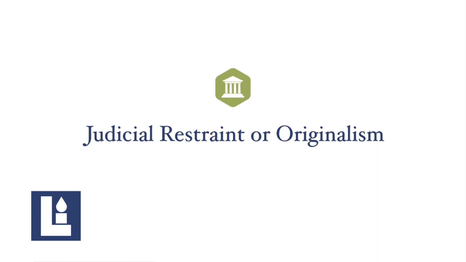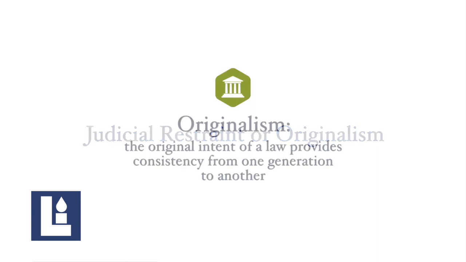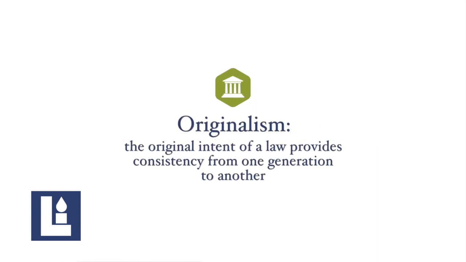This is why conservatives today promote the concept of, you might have heard of these, judicial restraint or originalism. Originalism is the idea that the original meaning or intent of a law provides consistency from one generation to the next. Like a contract, the law sets expectations so everyone understands the same rules.